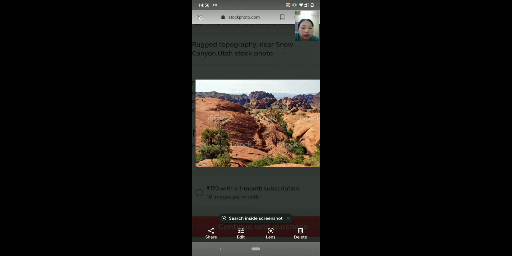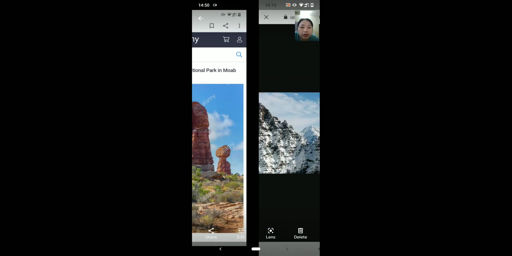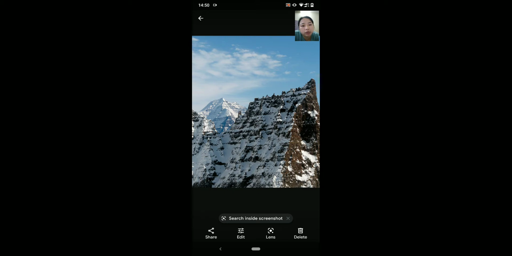Let us see more. Steep slopes. Again, I'll show you this example. Look at this kind of slope.